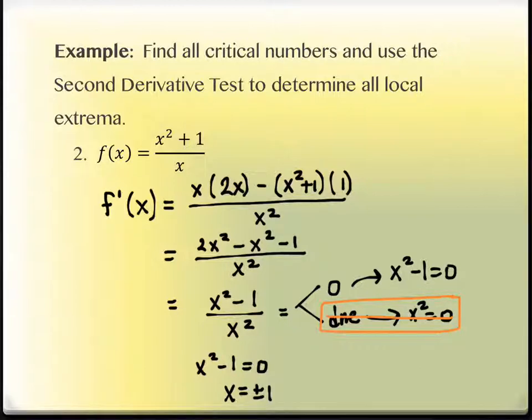And what am I supposed to be doing? What the directions say? Use the second derivative test. Well, what does the second derivative test say? It's right on your notes straight above this. It says something about the second derivative, right? So I'm going to need to find the second derivative next. Agreed? All right, so I need the second derivative.